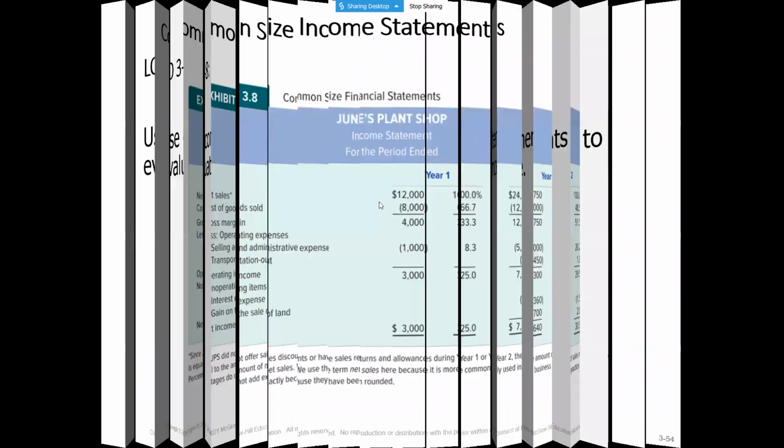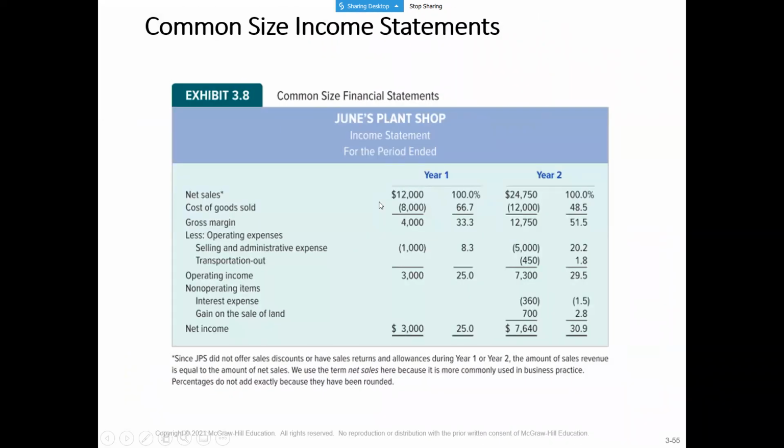Okay, so we'll talk about common size financial statements. This is the top of page 111. And this is just a very condensed form of our income statement, which does not go into as much detail. So net sales is presented instead of sales revenue, sales returns and allowances, and sales discounts.